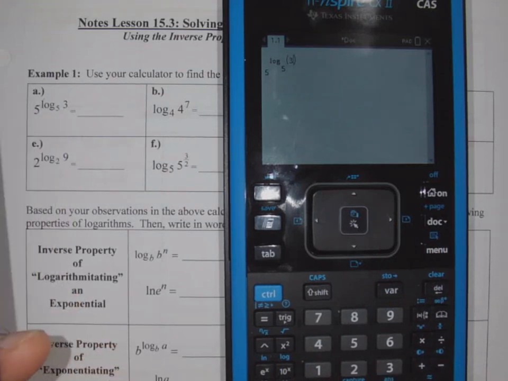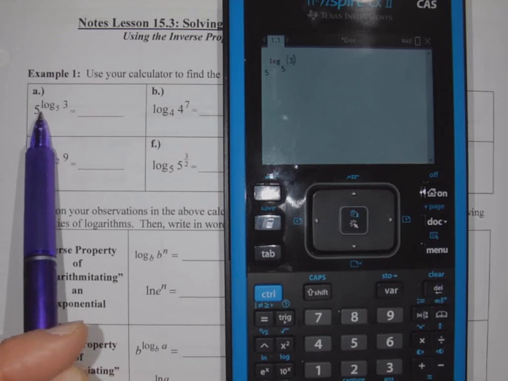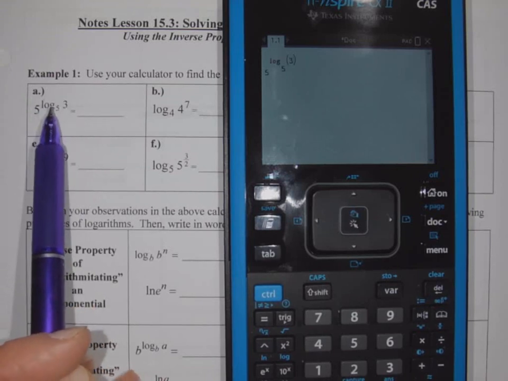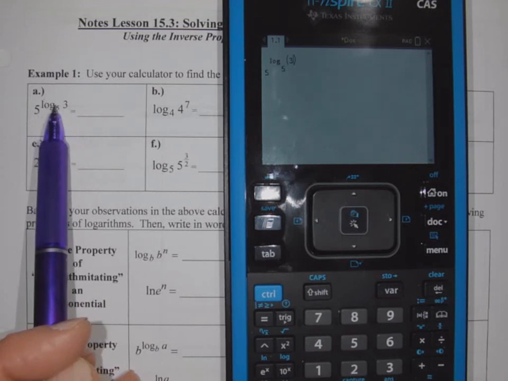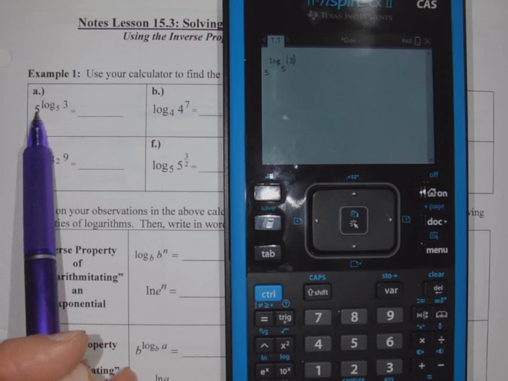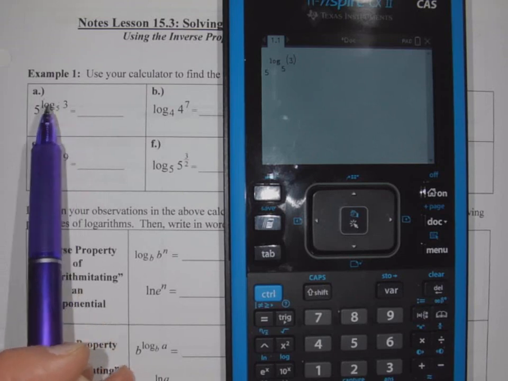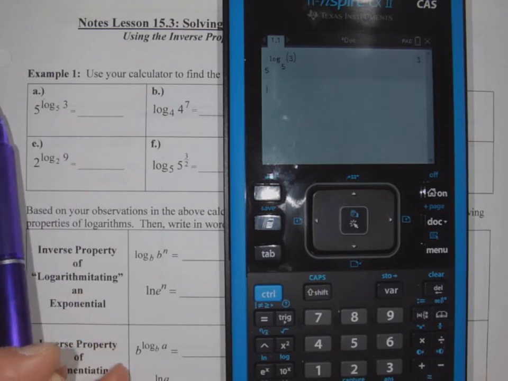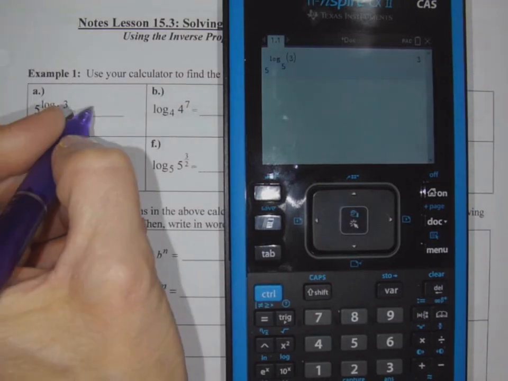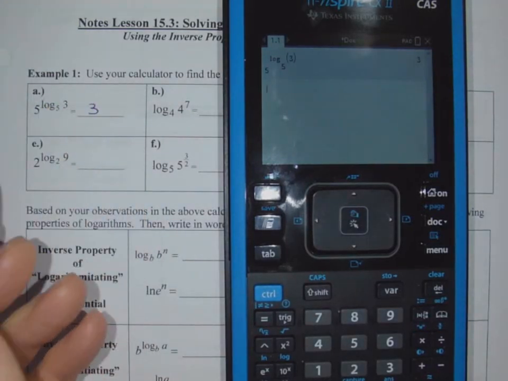If we remember that an exponential function with base 5 and a logarithm base 5 are inverse operations of each other, we expect them to cancel each other out and end up with just a 3. We'll confirm that with the calculator, and indeed this is a 3, so this would be equal to 3.